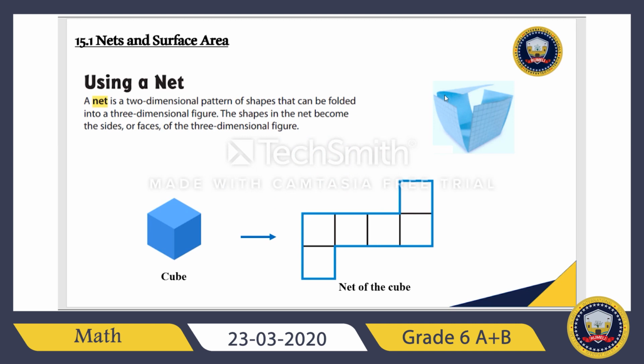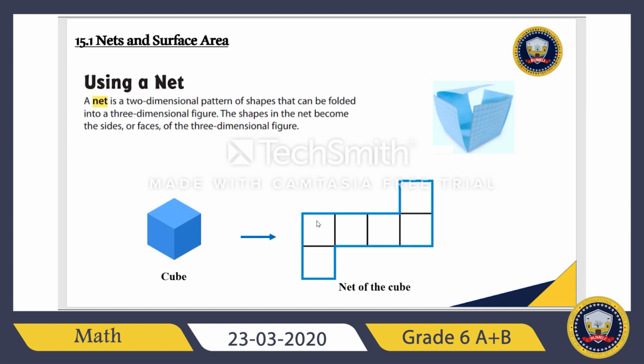Alright, from the video we can understand that the net is the open shape. Imagine your 3D shape is like a box and you just open it from all the sides, and this is the result. If my shape happens to be the cube, then this is an example of a net of the cube.